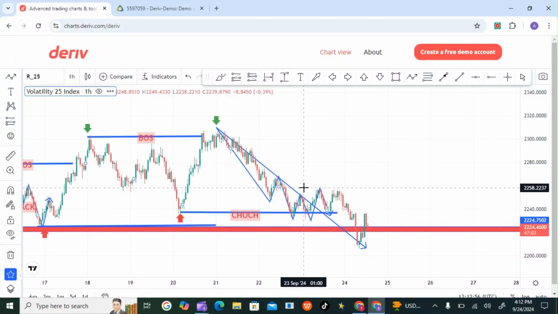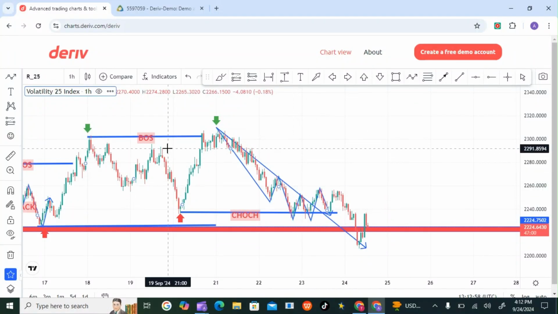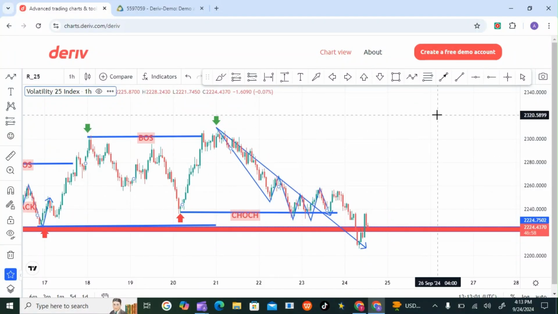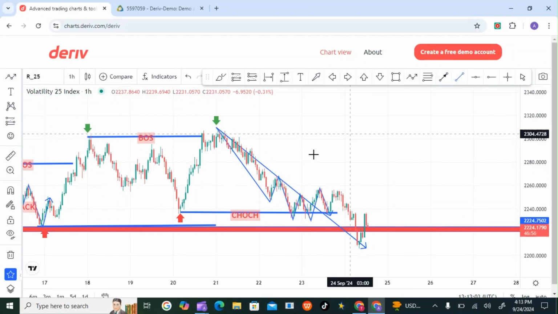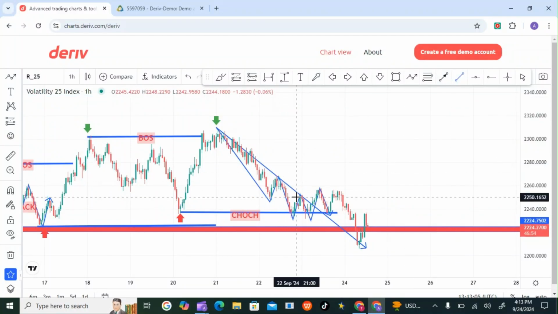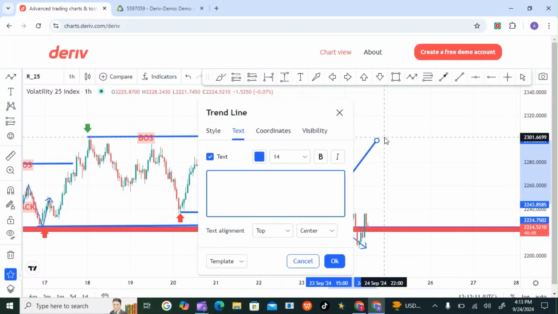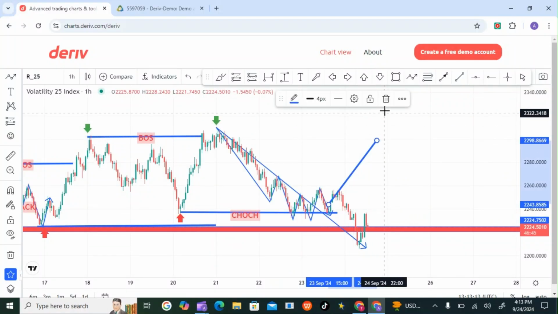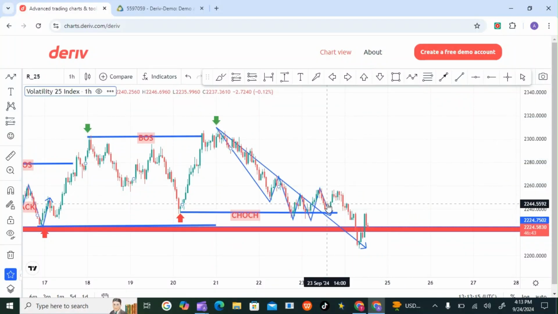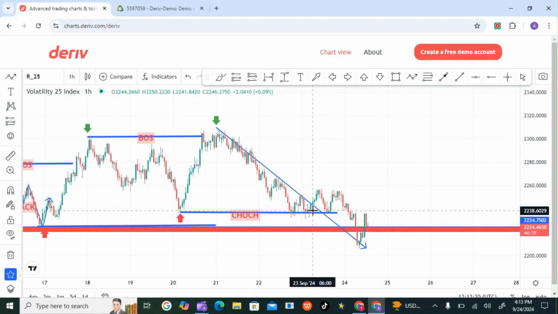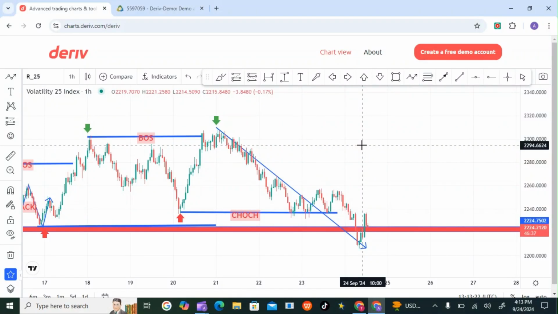And on this 1 hour, we can note that the market tried to move in this direction. There's something I've noted here. I want to see whether it was a valid lower low. I told you how to identify a valid lower low.